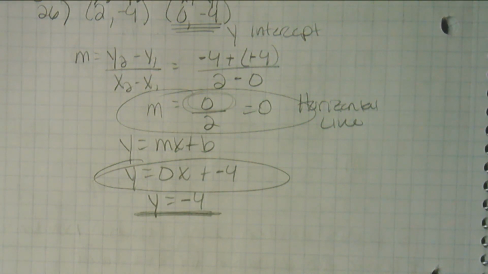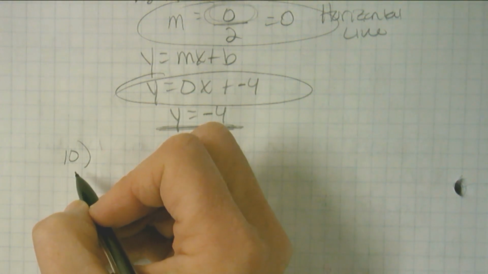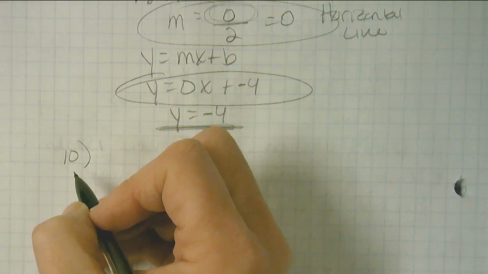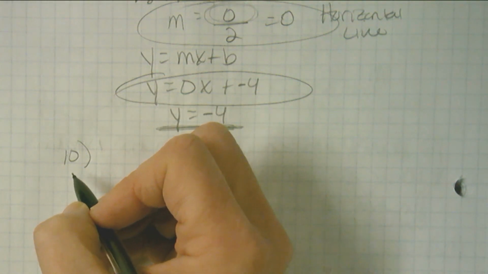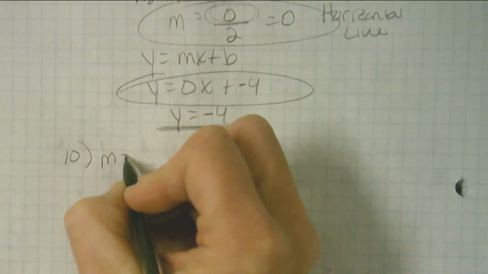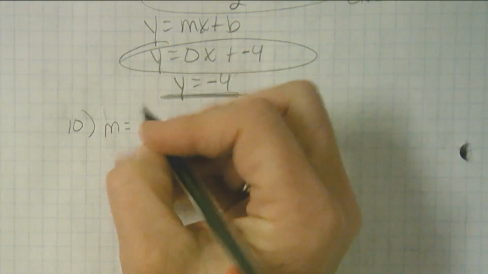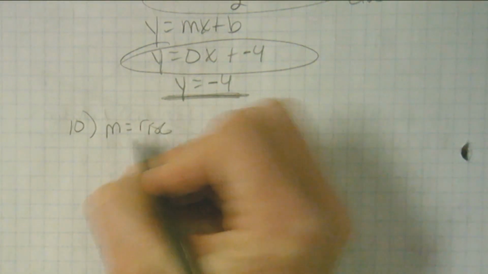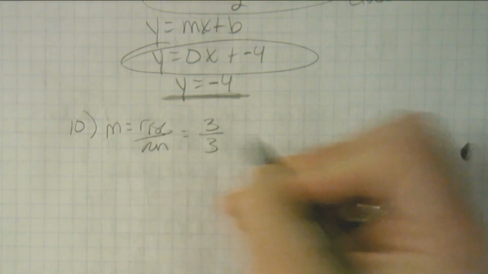What else can I do? All right, let's take a look at 10. Number 10 says write an equation of the line shown here. They've already kind of done our slope work for us. Their slope is rise over run, so we're going up 3 and to the right 3.